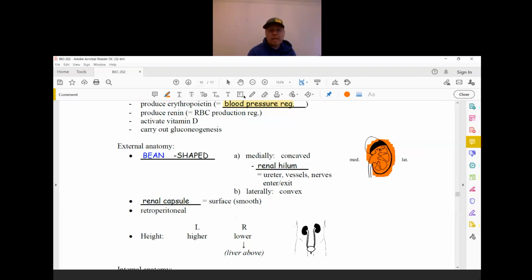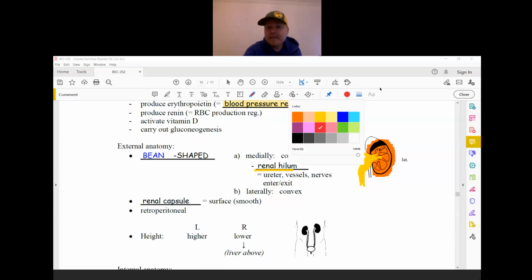Kidneys have certain parts that we want to know, so let's have a look at those. Medially, we see that the kidneys are concave in shape, and we have there the renal hilum. That's where the ureter leaves from the kidney, but also various blood vessels are coming in and leaving.